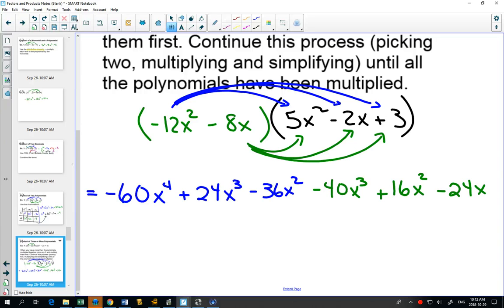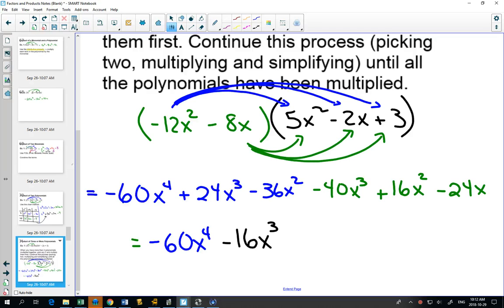So now that we've done our blue arrows and our green arrows, do we have any like terms? Yes, we do. We still have that negative 60x to the 4, but I have a 24x cubed and a minus 40x cubed, which gives me negative 16x cubed.